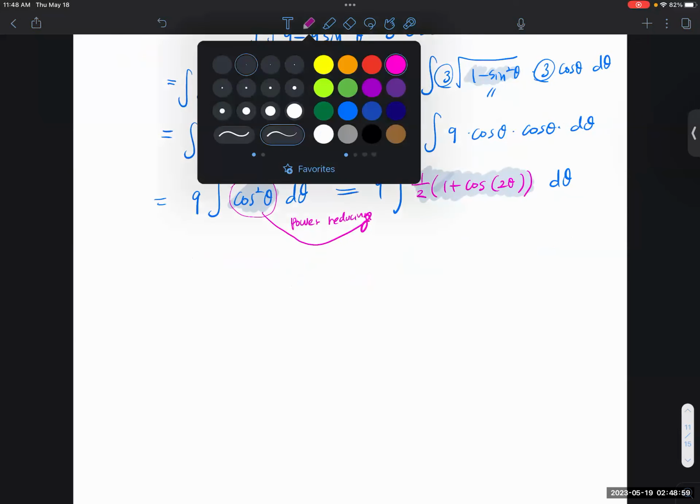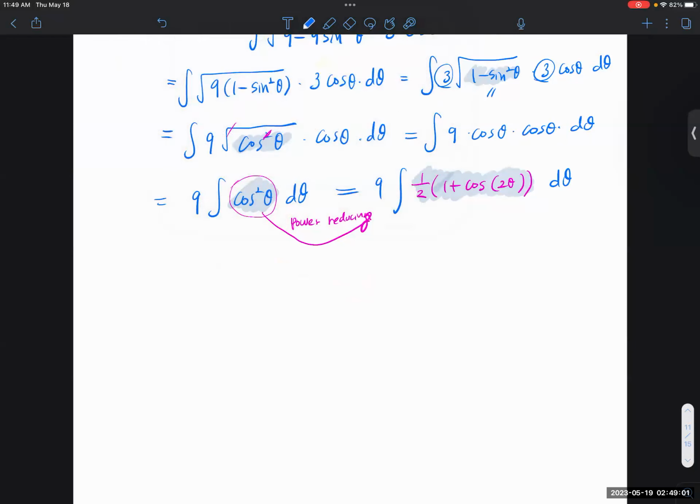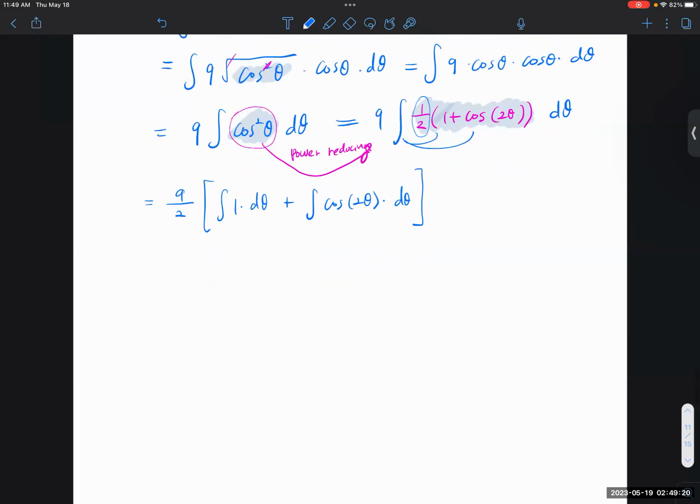So now you're going to separate it. Okay, I can separate it. I can bring 1 over 2 to the front. So 9 over 2. And then I'm going to separate them: integral 1 d theta, integral cosine 2 theta d theta. Same thing here, cosine 2 theta.